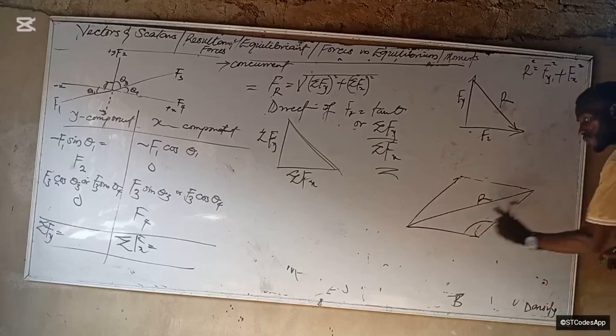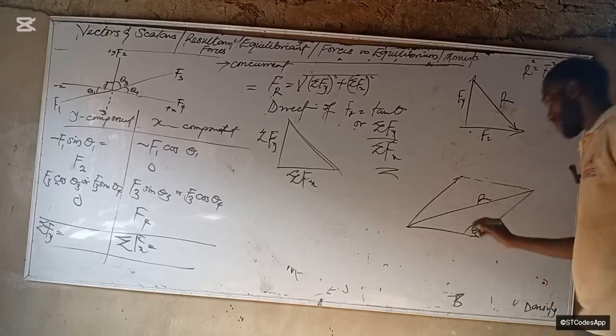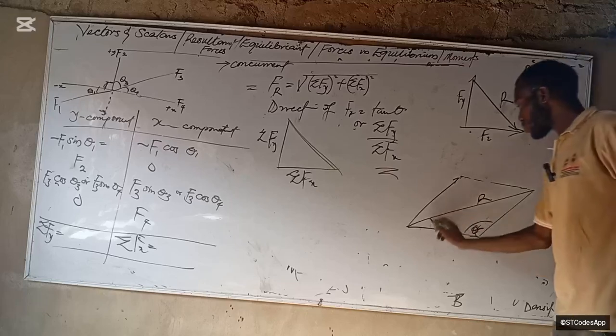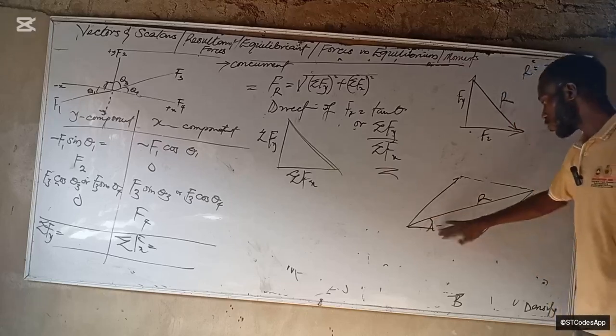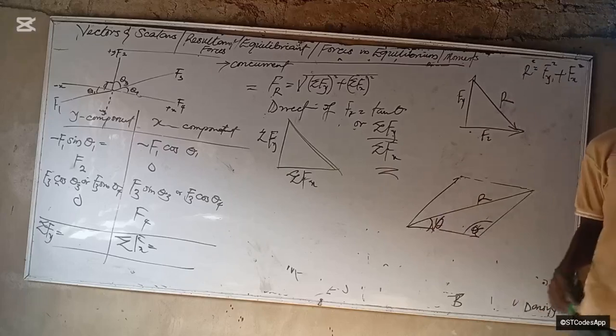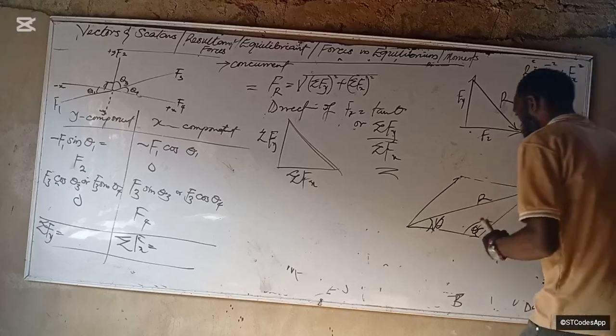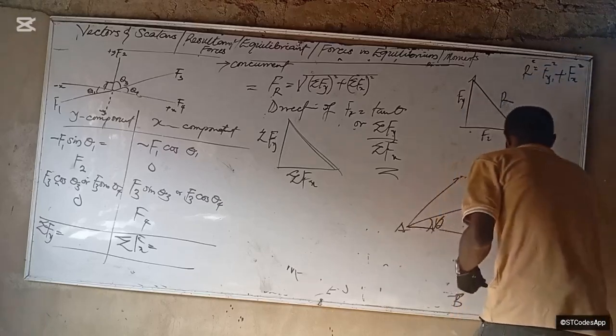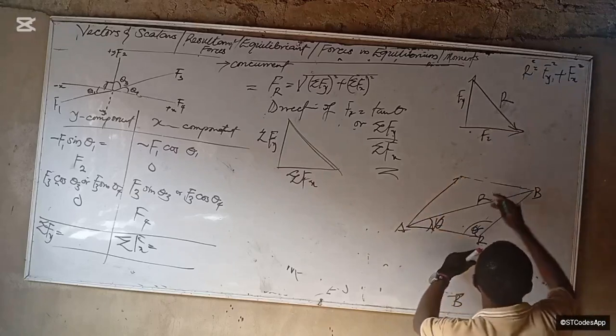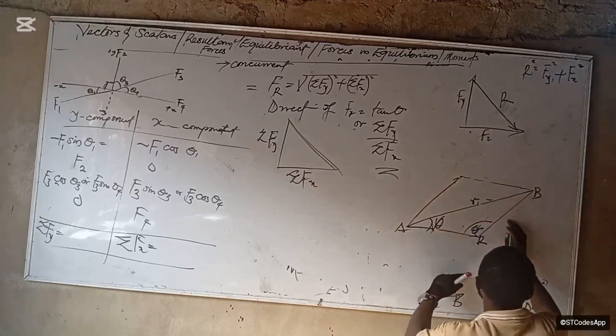But for this one, let's say this was theta and this was phi. Now for this one you can use sine rule or cosine rule. If this was A, B and R, this will be side R. Is that okay for resultant?